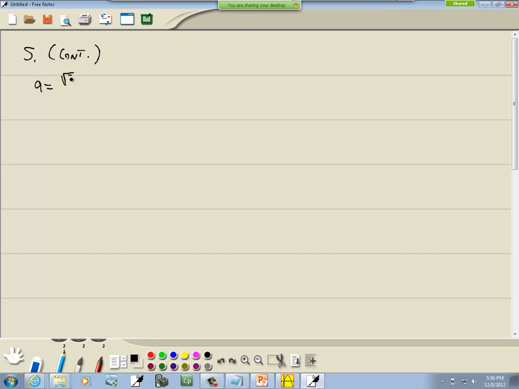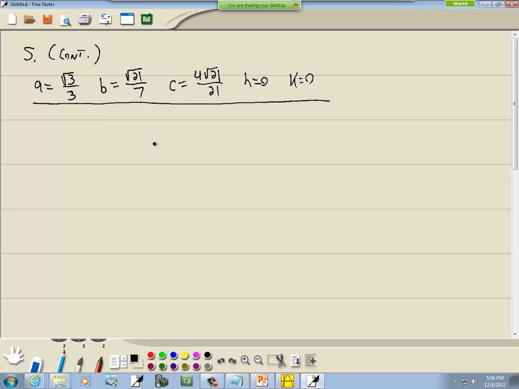A is square root of 3 over 3. Boy, my writing's bad. I can't read it. B is square root of 21 over 7. And C is 4 square root of 21 over 21. H is 0. K is 0. Okay.